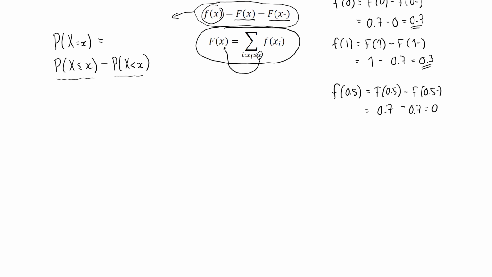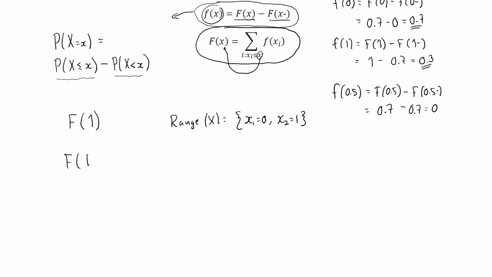So let's try out this formula. Let's see if we can figure out the CDF at x equal to 1 using this formula. First, remember that the range of our random variable X is x1 is 0 and x2 is 1. Two possible outcomes, 0 and 1.